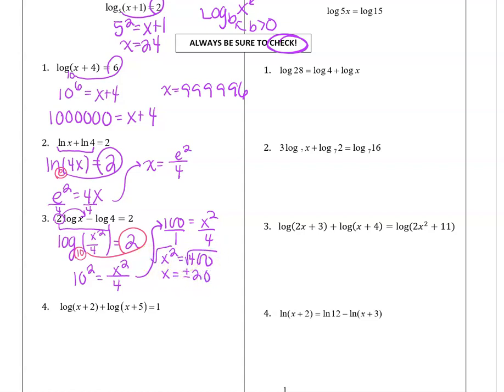Because if we're taking the square root of something squared, we're getting 2 solutions, a positive and a negative. Now this is where I told you guys, make sure you're checking here. That x is in the argument location of the log, and you cannot have a negative argument. So therefore, we'll reject the negative and only say x is equal to positive 20 as our final answer.